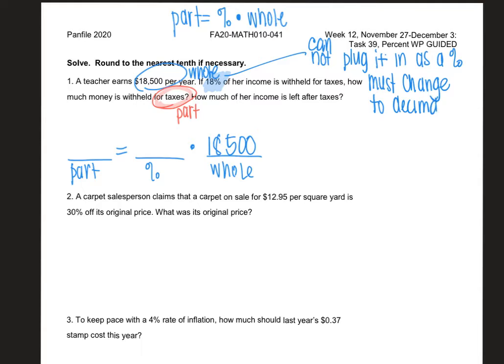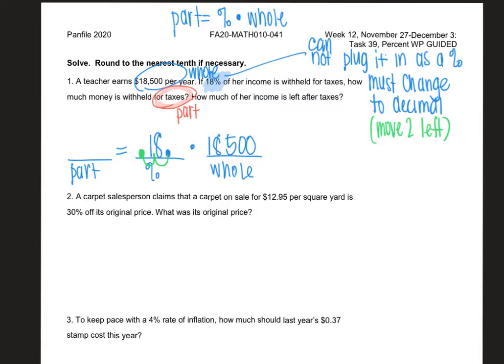And if we're changing it to a decimal, that means we're really moving the decimal to the left. And this is where you have to pull all that stuff from that first segment. So 18%, if I have my decimal there, I need to move it 1, 2. So this is really 0.18.